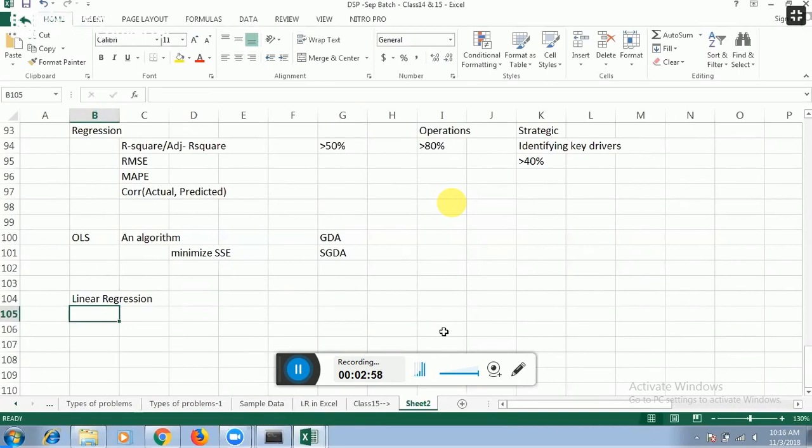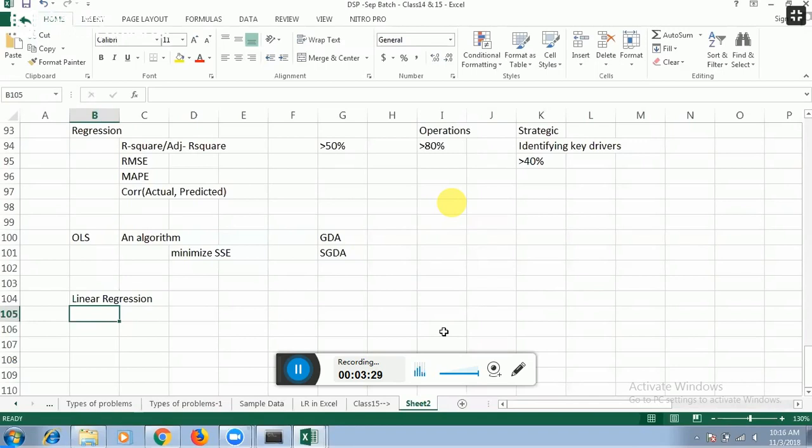If y and x don't have a linear relationship, either you will convert your x into some transformed variable in such a way that you have a linear relationship, or you will drop that variable, or you can also think about whether any other technique can help to solve the problem. But as I said in the last session, if it is a regression, the first thing you need to make sure is that your y should be continuous.